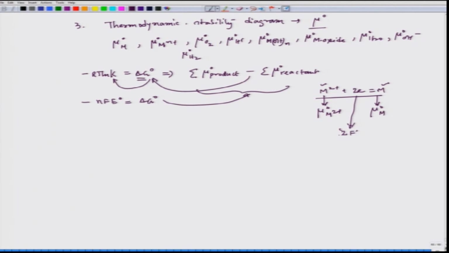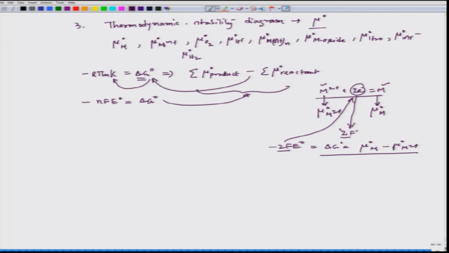So, we have a relation for this, we are not getting into the detail of that relation, but this one contributes to this 2F. Delta Z0 comes from the chemical potential of M minus the chemical potential of M2+. So, this is delta Z0 minus 2FE0. So, this 2F is related to these 2 electrons, and of course, that is also related to the chemical potential of electron.